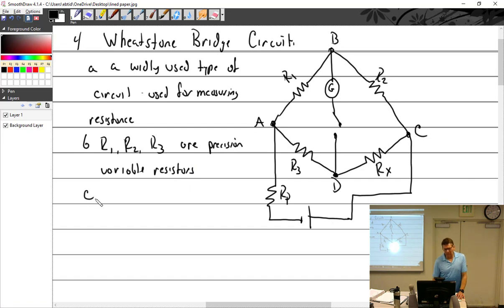By variable resistors, the way I picture that one is they're fixed for our purposes, but if you needed to, you can go into it and do micro adjustments to them so that you can balance it out perfectly, because they have to all be perfectly balanced. If one is off a little bit, then you're going to get current flow in a way you don't want.